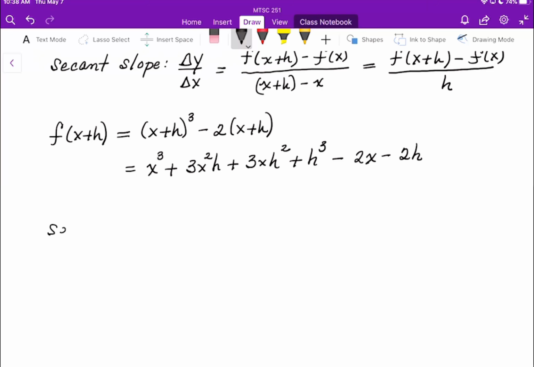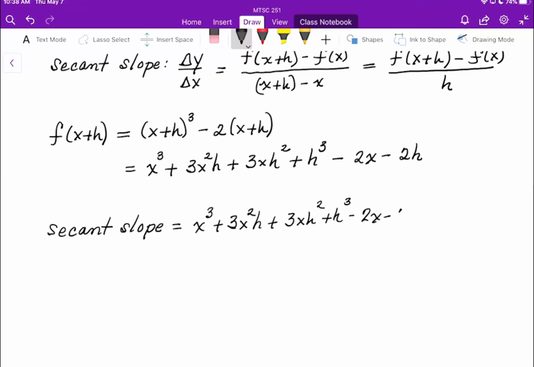So the secant slope turns out to be our f of x plus h, which is x cubed plus 3x squared h plus 3x h squared plus h cubed minus 2x minus 2h.